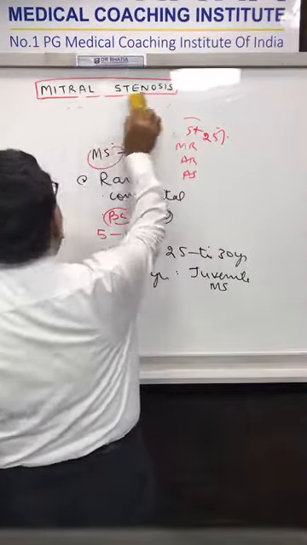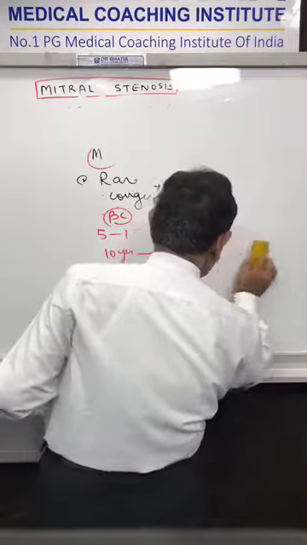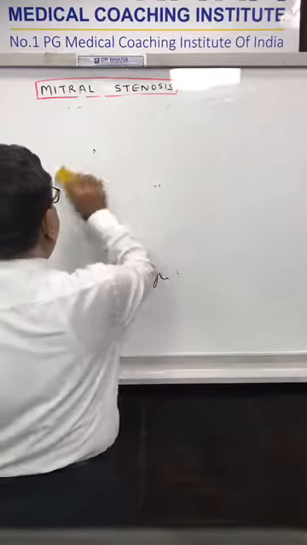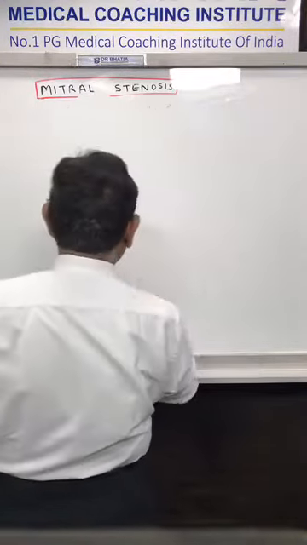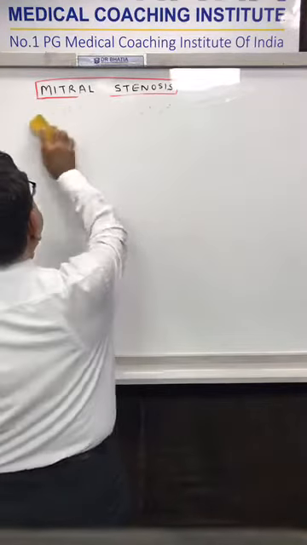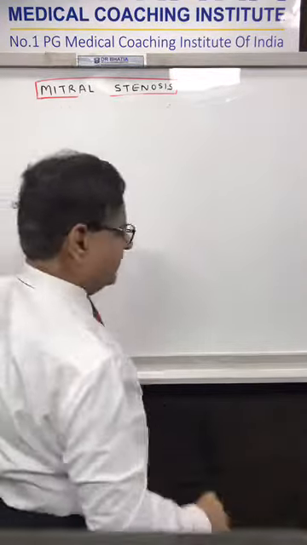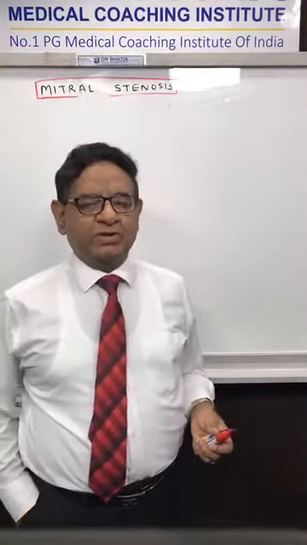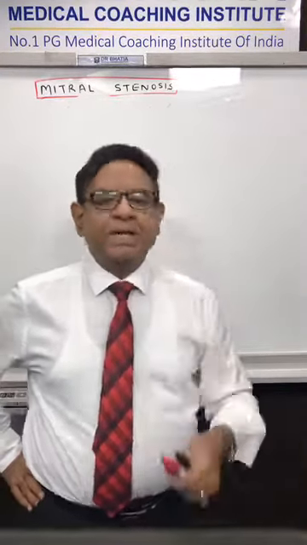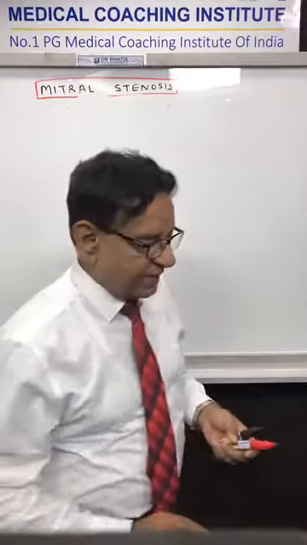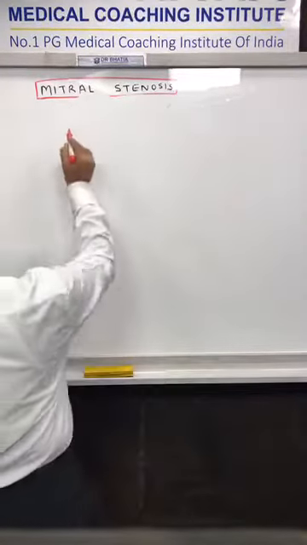So we learned the basic concept of why dyspnea occurs, why dyspnea on exertion occurs, why hemoptysis occurs in MS, and that the only cause of MS is rheumatic heart disease for all practical purposes. Now we examine the patient.